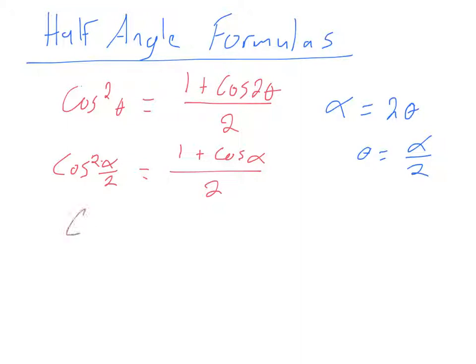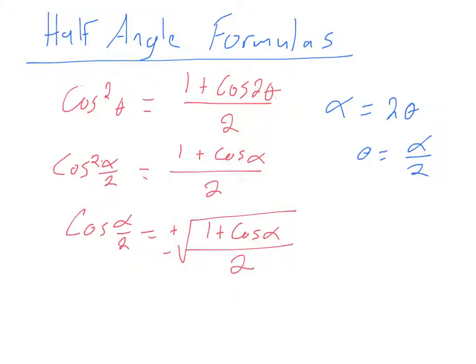And so if I want to figure out what the half angle is going to be equal to, it's going to be plus or minus the square root of 1 plus cosine alpha over 2. Right, so now I have a formula for finding the sine or cosine of half of an angle, which can also be useful. There are also, and they can be derived the same way, but I'll just write them.